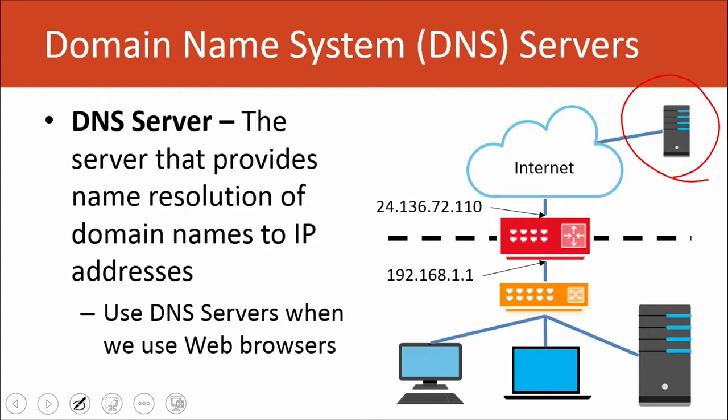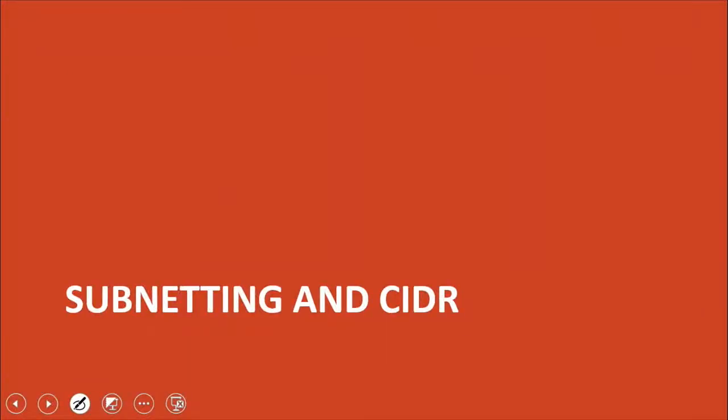Then that DNS server is going to send us back the IP address for bing.com. That's the actual IP address for Bing. And if you type that into your browser right now, you actually should be able to access Bing without typing in the name. What that DNS server did was translate that name into an IP address that we can then use to access the web server where Bing is located.